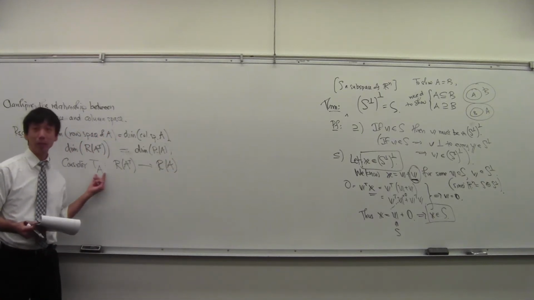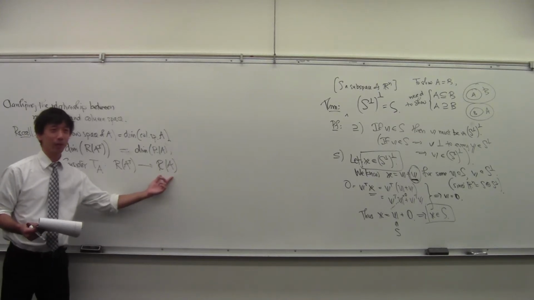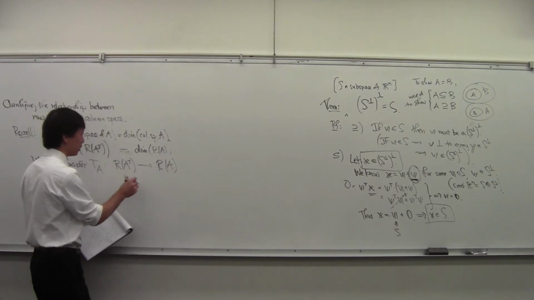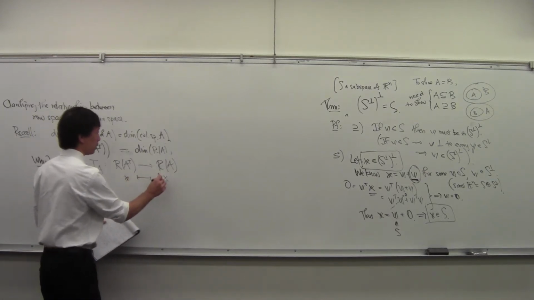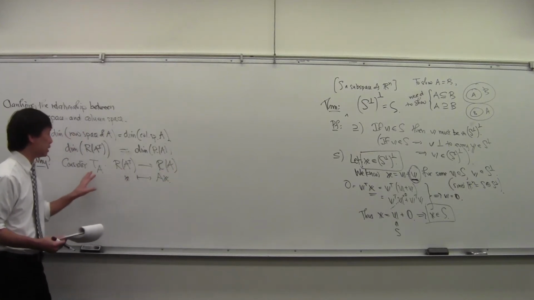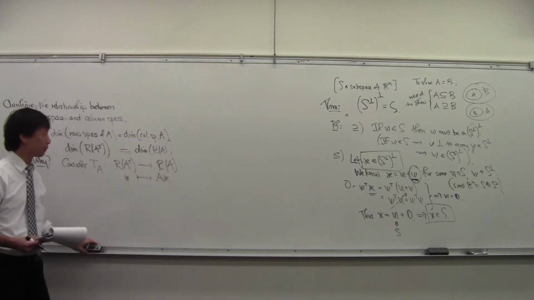Because you multiply by A, so what you get out is in the range of A. You feed some vector to it, and you get Ax. Well, that's in the range of A, right? So this map T sub A goes from here to here.